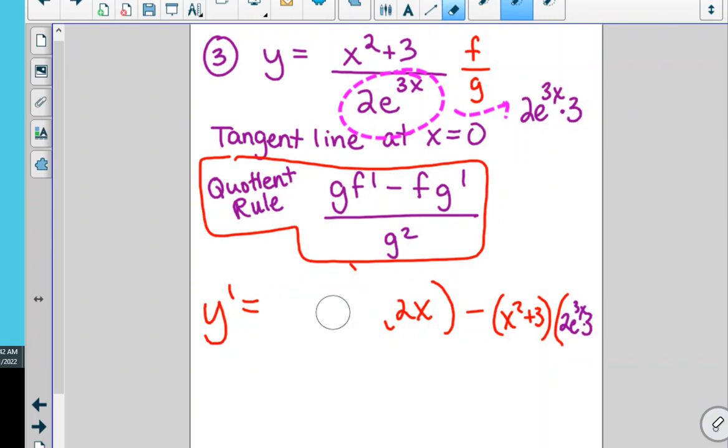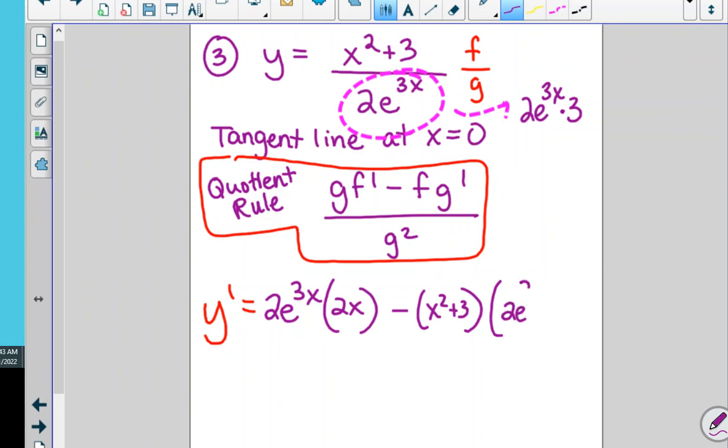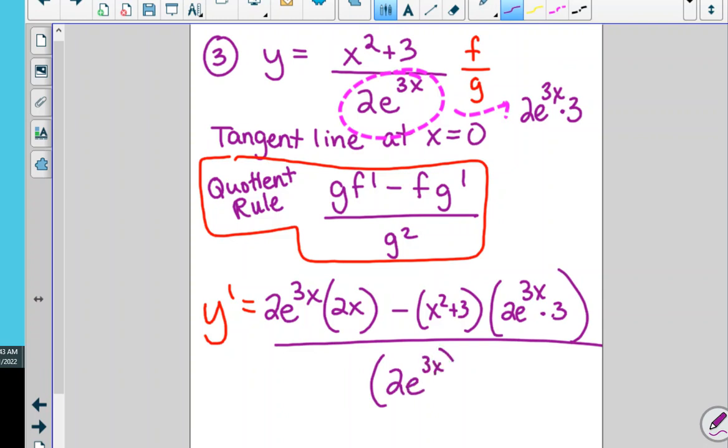I just want to keep emphasizing the idea that when we take the derivative of an exponential, we get the identical exponential back times the derivative of whatever function's in the exponent. So 2e to the 3x times another 3, and then that's going to be over 2e to the 3x quantity squared.